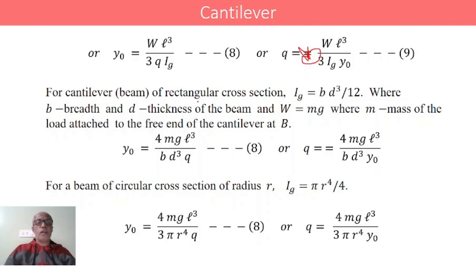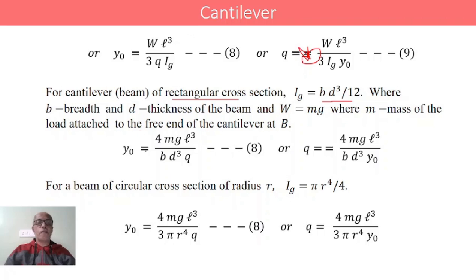For a cantilever of rectangular cross section, the moment of inertia will be equal to b d³ by 12, where b is the breadth and d is the thickness of the beam, and W is the load, that is equal to mg, where m is the mass of the load attached and g is the acceleration due to gravity.